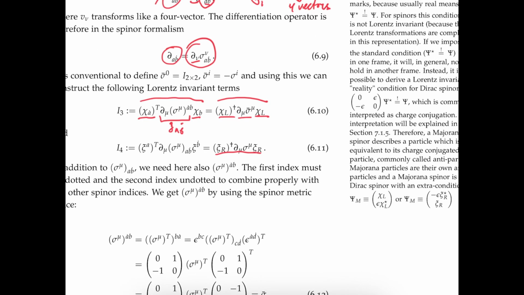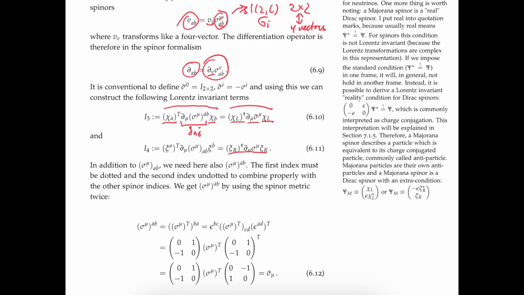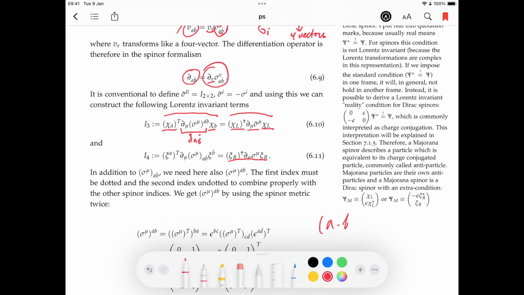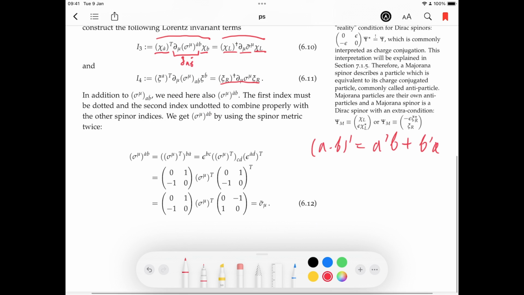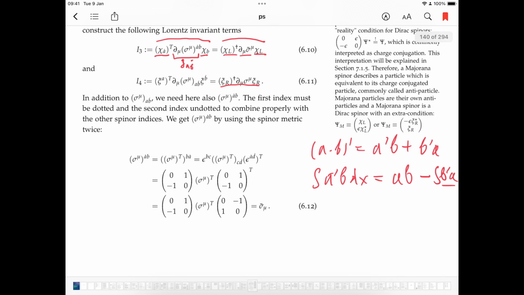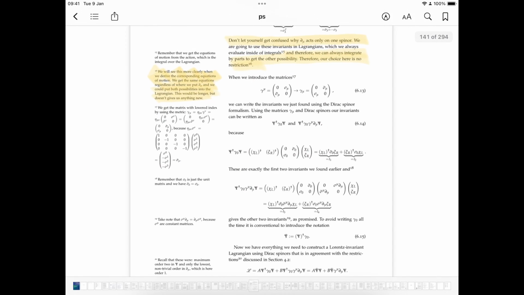Integration by parts is just another form of the derivative of a product, something like the derivative of AB equals A derivative B plus B derivative A, but for integral calculus, the integral of A derivative B dx will be AB minus the integral of B derivative A. So it's the same line of reasoning for why we are not using other terms with the derivative applied to the daggers. Nevertheless, that was just a remark.